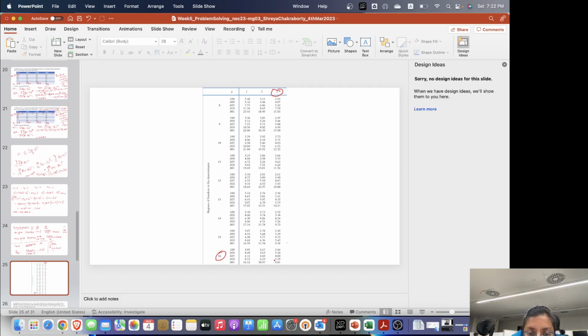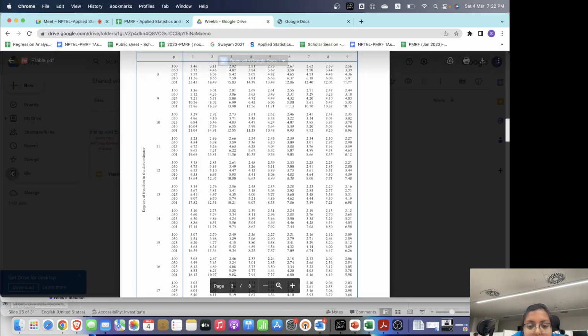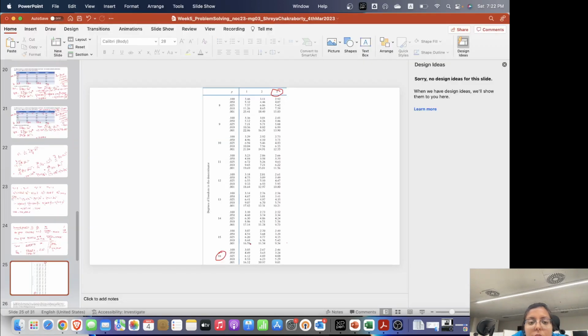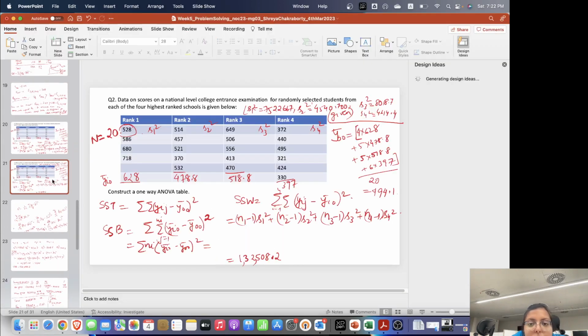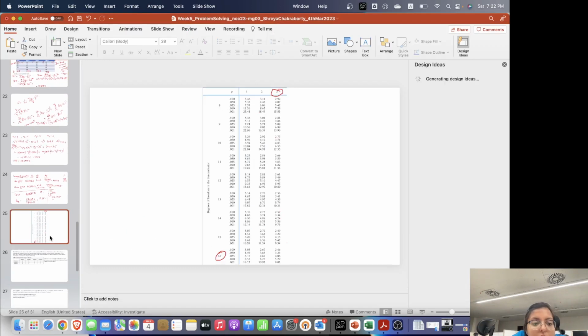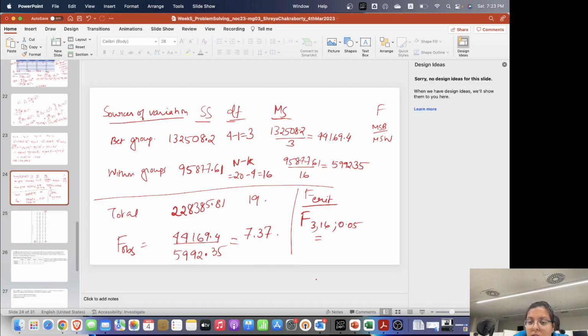So at what level of significance was it specified? Nothing, so we take 0.05. So this value is 3.24.